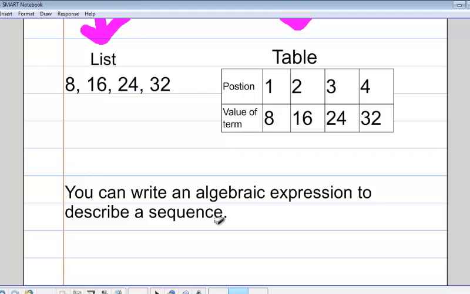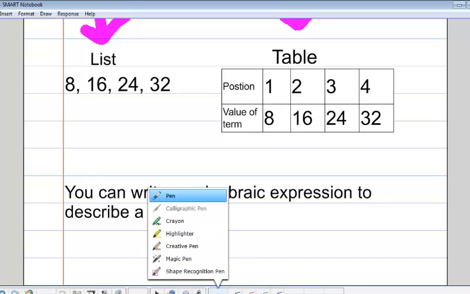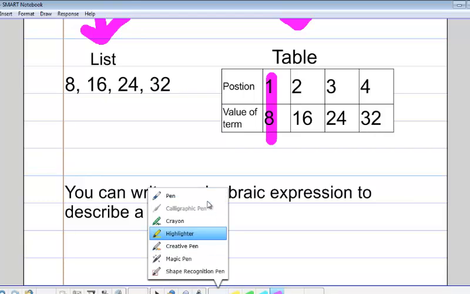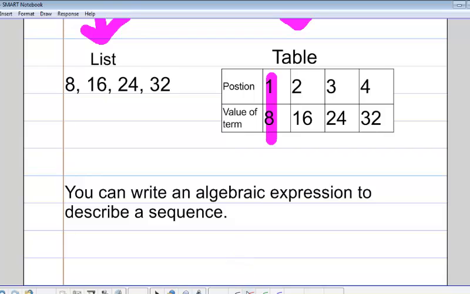So if you're looking at the position number 1, there's 2 ways you can get it. It could be a plus 8 or a times 8. So if you're looking strictly at this row here, it's either going to be a plus 8 or a times 8.